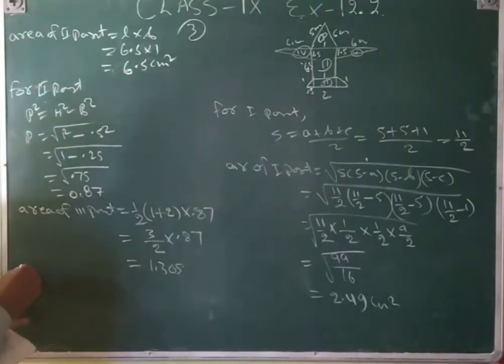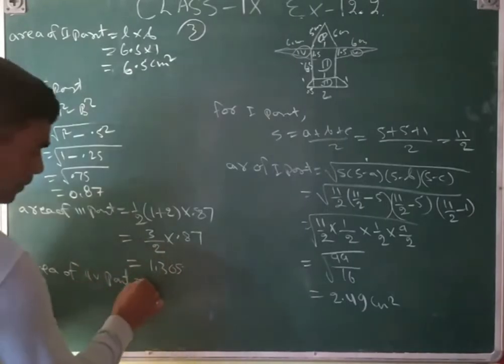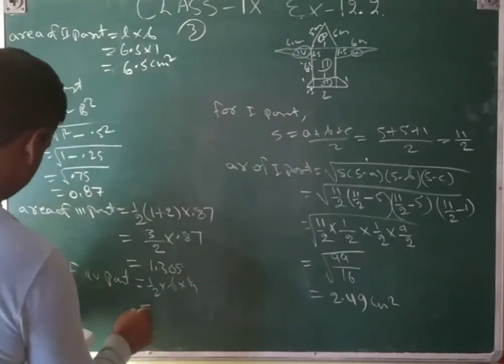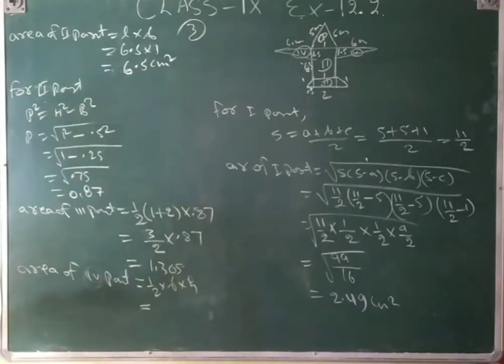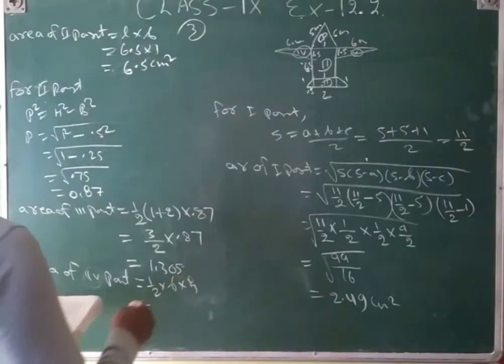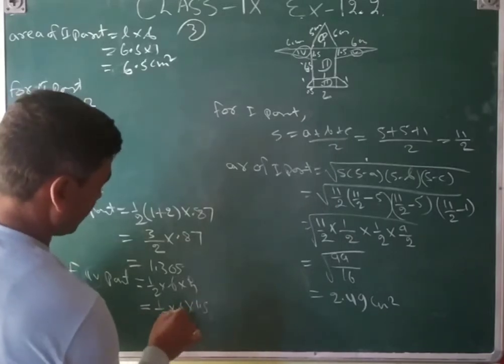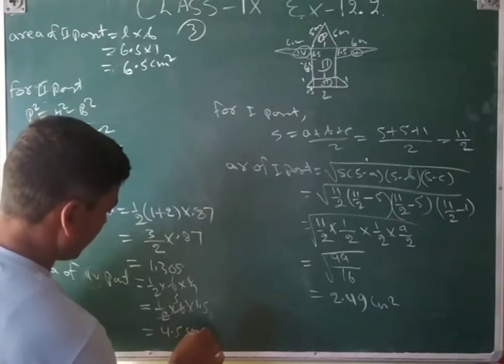And then area of fourth part will be simply 1 upon 2 into base into height, because the 90 degree angle is given already. This is a 6, so 1 upon 2 into 6 into 1.5, that is 3 into 1.5, which is 4.5 centimeter square.